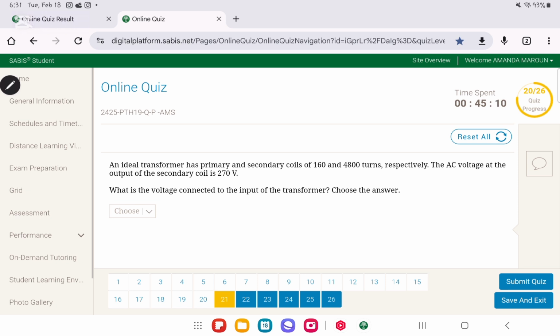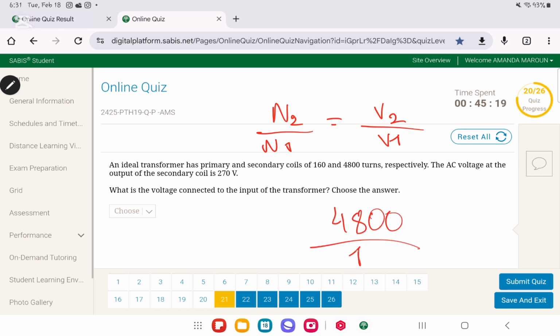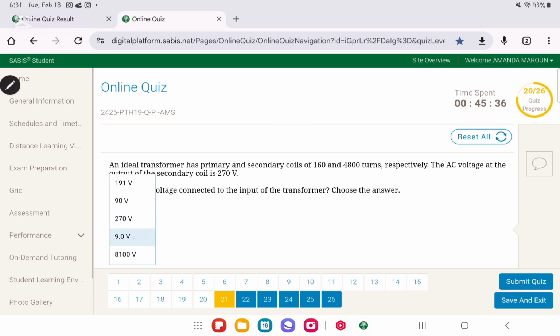Very simply, the rule is N2 over N1 is equal to V2 over V1. So 4,800 over 160 is equal to 270 over X, which we need to find. You do cross multiplication and you will end up with 270 times 160 divided by 4,800, and you will get an answer of 9 volts. So our answer is 9 volts.